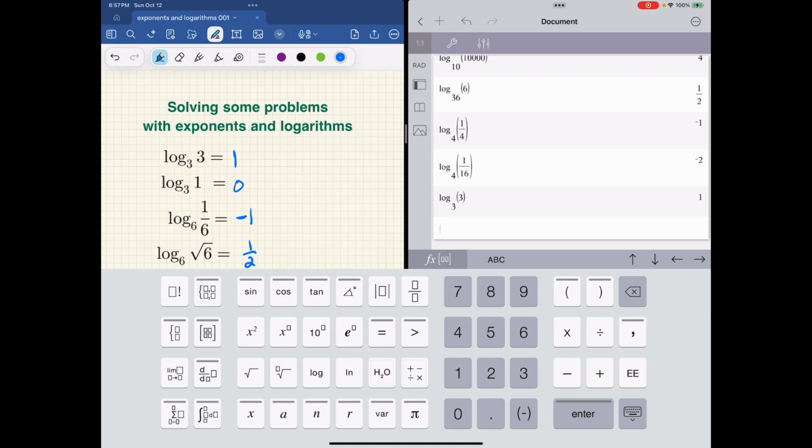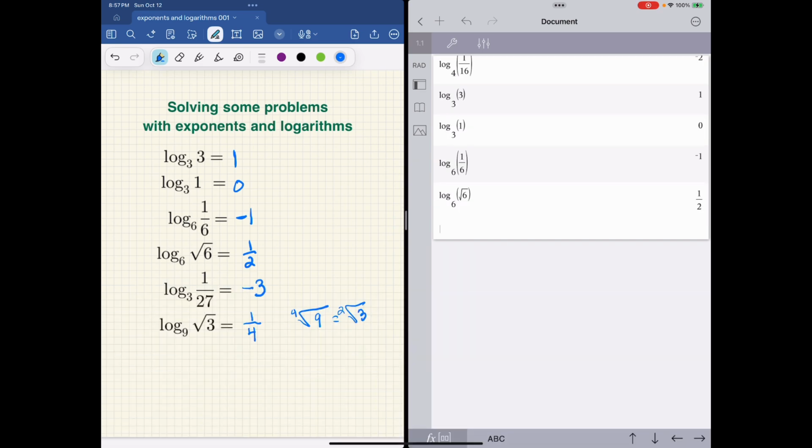The log base 3 of 1 equals what? And we see it equals 0. The log base 6 of 1/6 equals what? And we see that equals -1. The log base 6 of the square root of 6 equals what? And we see that that equals 1/2.